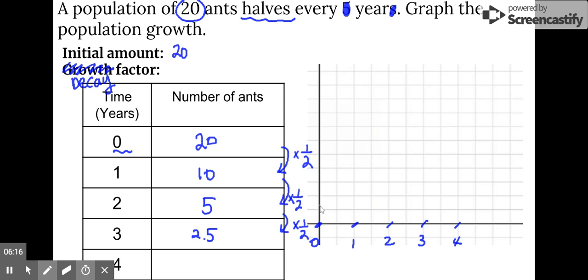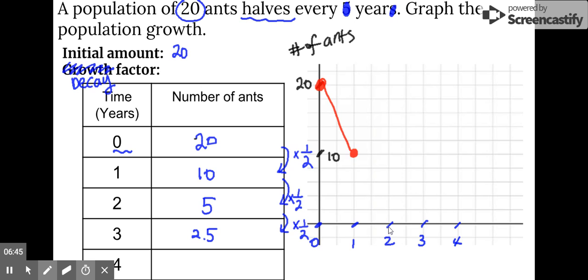I'm going to go up by, okay, this is going to be my 10, and this is going to be 20. And this is number of ants. All right, when x is equal to 0, year 0, number of ants was 20. In year 1, number of ants, 10. You see things are decreasing, right?